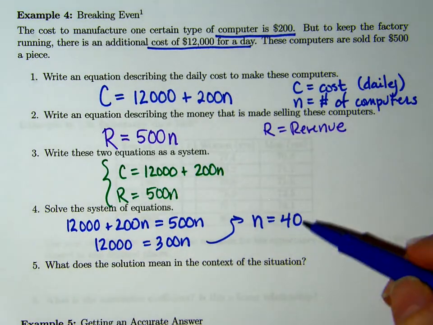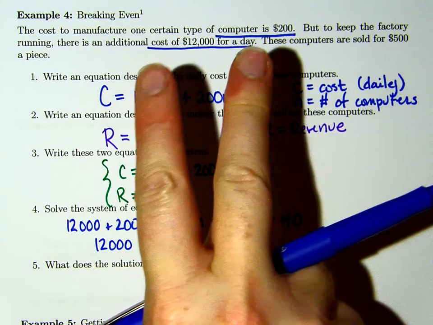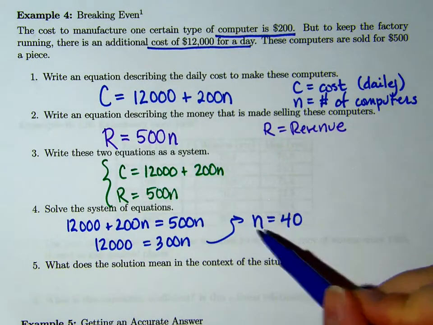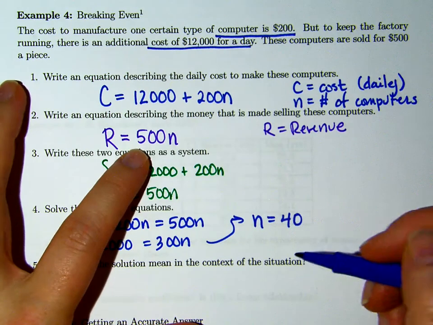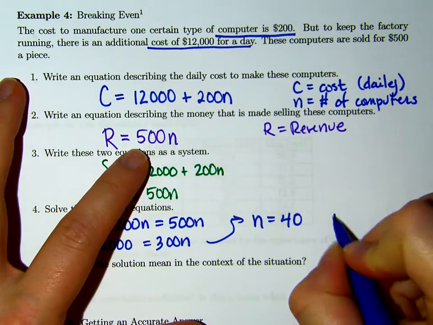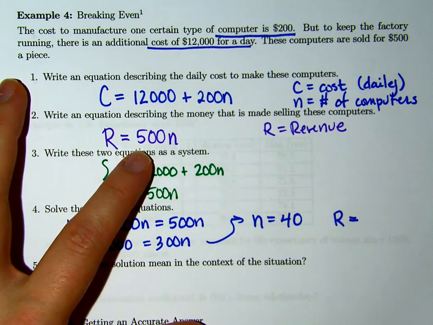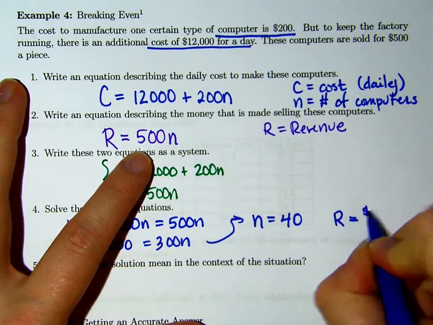Okay, but remember the solution to a system is two values, right? So if we find the revenue in this situation, the revenue would be 500 times 40. How much is that? 20 grand.